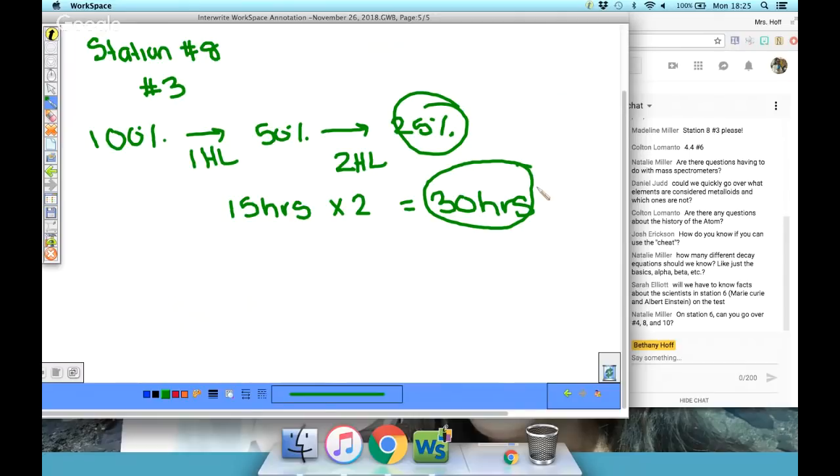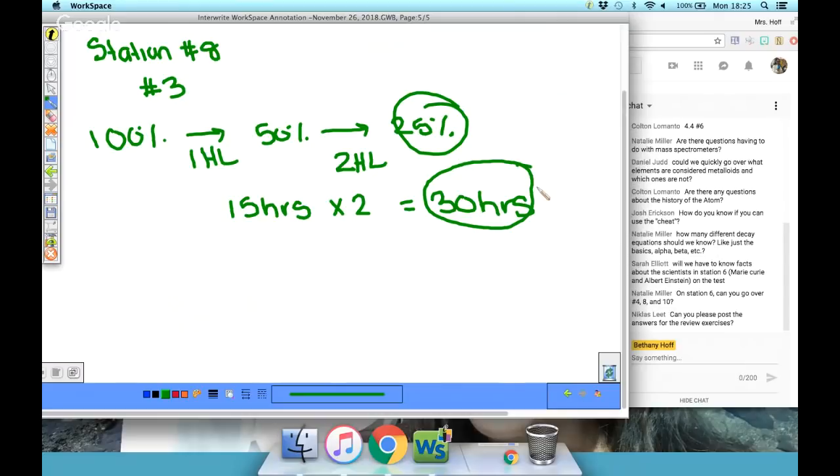Okay, let's see. I think I'm working through these. 4.4, number 6. Let's look at station number 6. We are going to look at, can you go over numbers 4, 8, and 10?